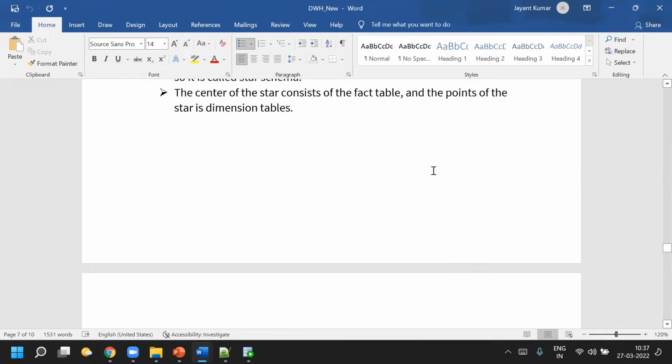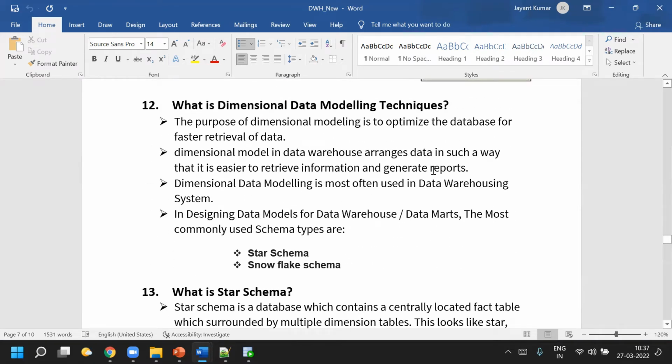Okay. So what is the dimensional data modeling technique? This is the technique a data warehouse architect or designer uses to design the data warehouse or target in a company.